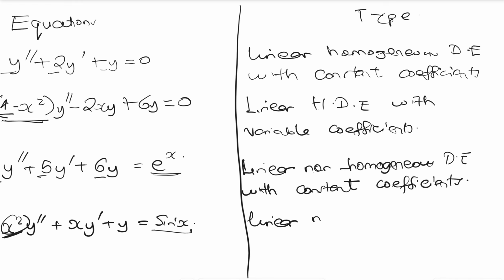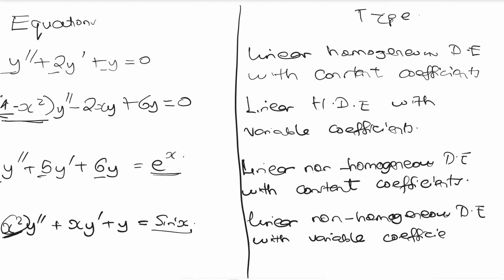You can say linear non-homogeneous differential equation with variable coefficient. Then we have another form of equation, y... this equation will be non-linear because of this.